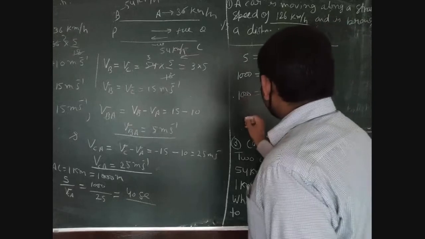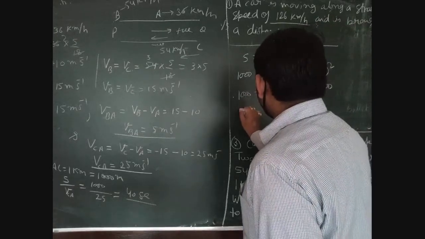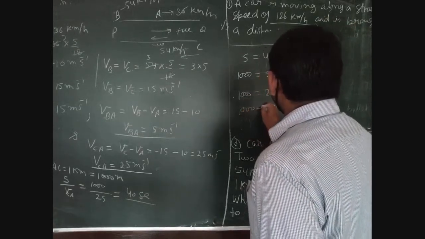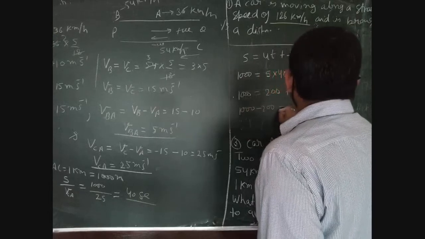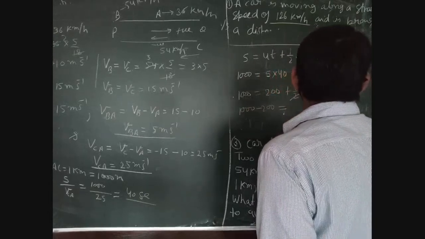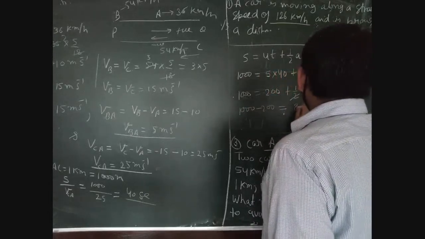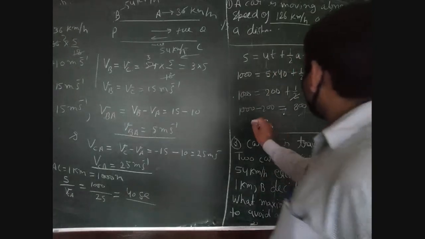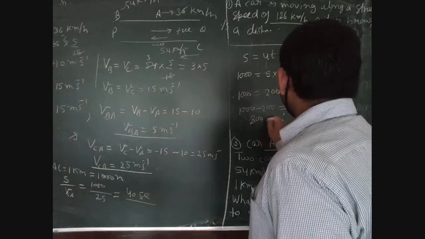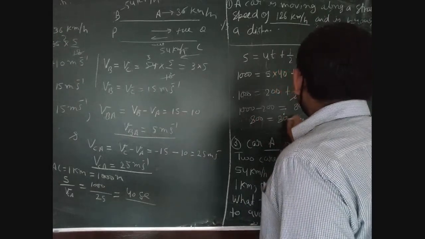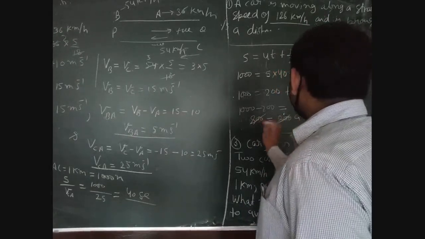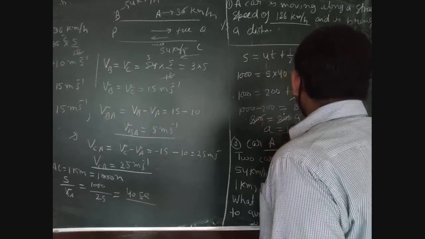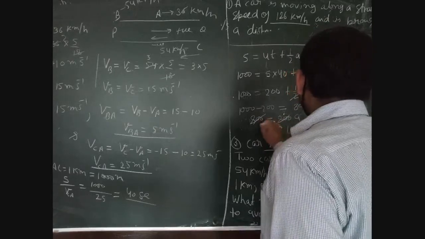Now 1000 minus 200 equals 800, so 800 equals 800A. This cancels, so A is equal to 1 meter per second square.